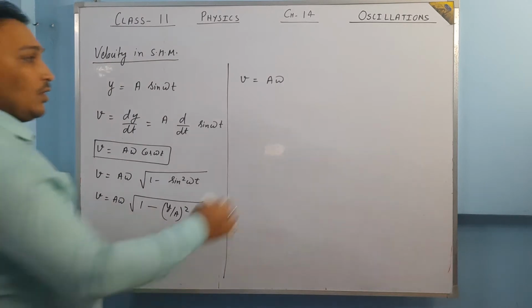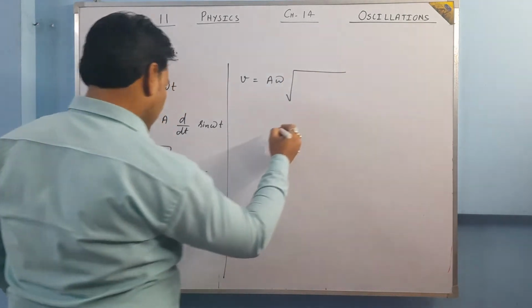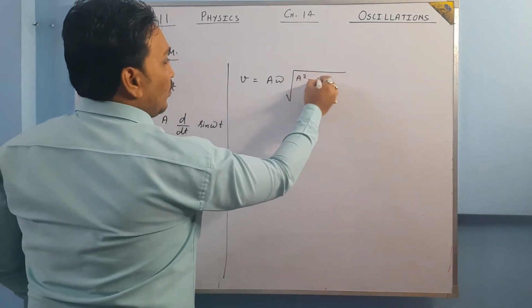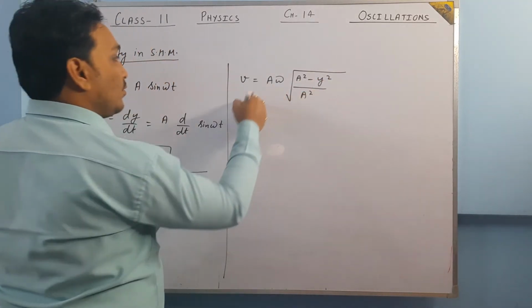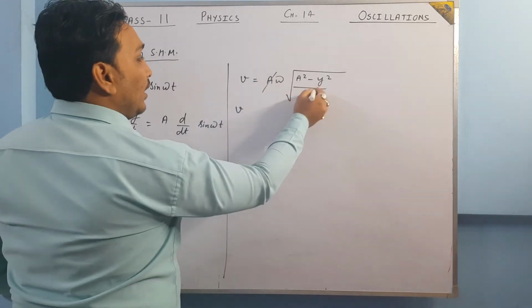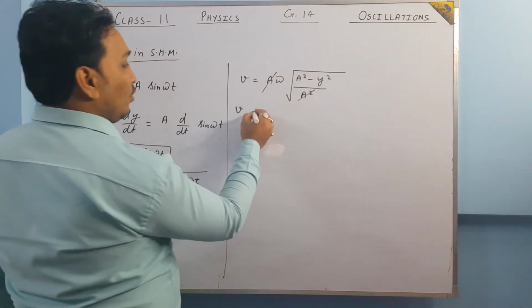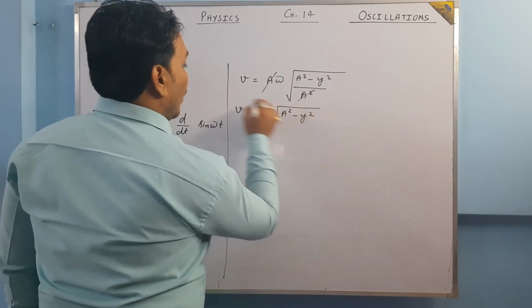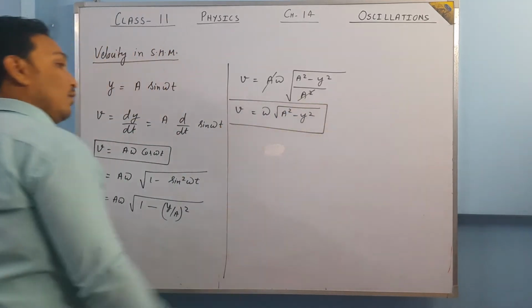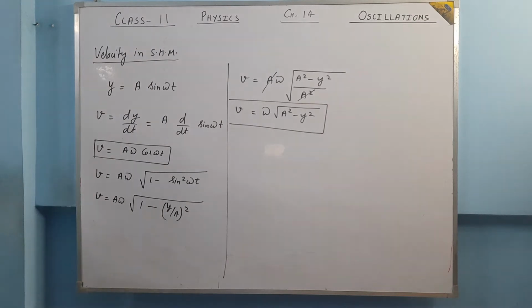If I take LCM, it is going to be A square minus y square upon A square. A square comes out of the root and is cancelled. So v is going to be omega under root A square minus y square. This is the value of the velocity of the particle executing SHM.